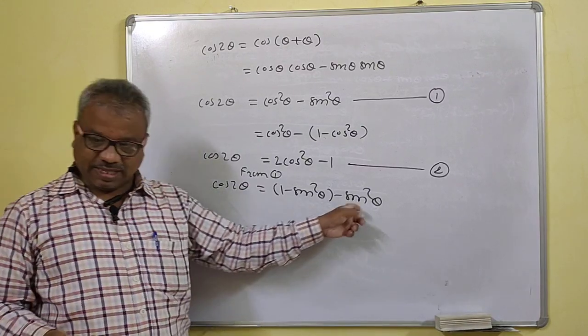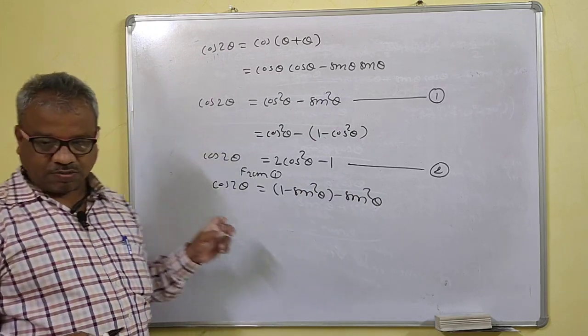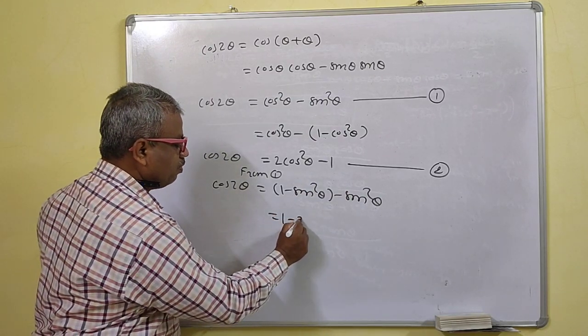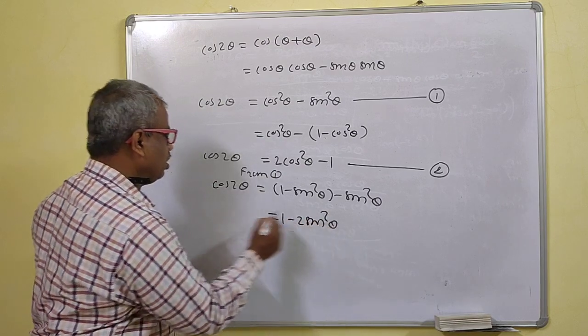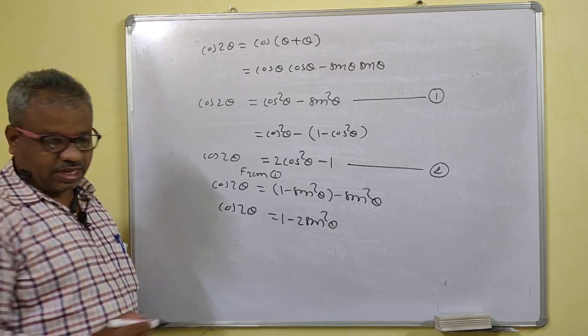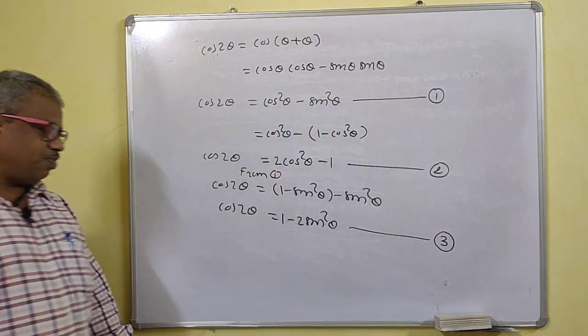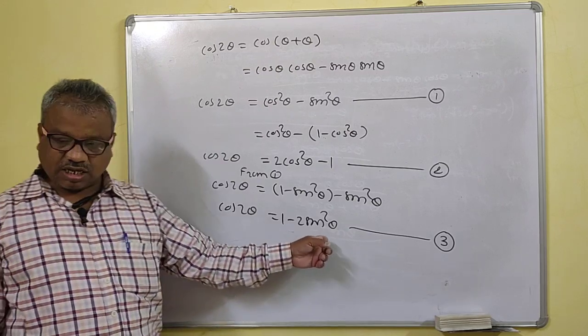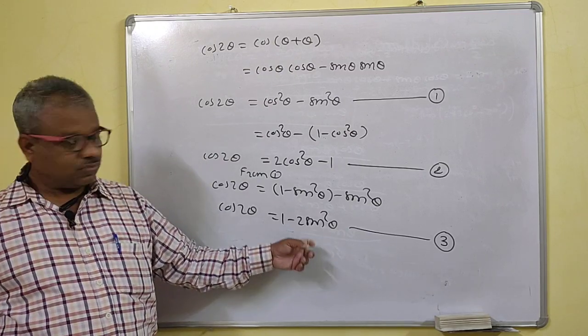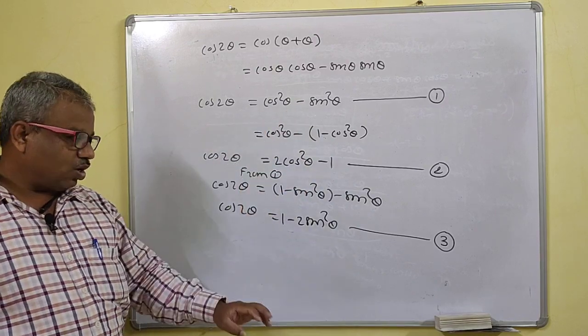Minus sin square minus sin square is minus 2 sin square, so 1 minus 2 sin square theta. So cos 2 theta is equal to 1 minus 2 sin square theta. This is the third formula for cos 2 theta, in terms of only sin. The second is in terms of only cos, and the first is in terms of both sin and cos.